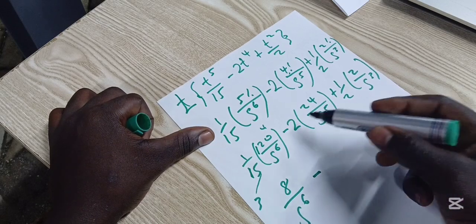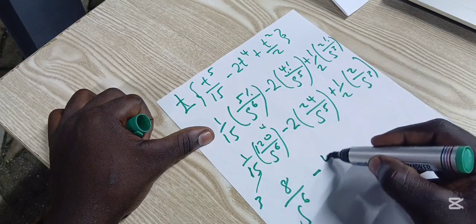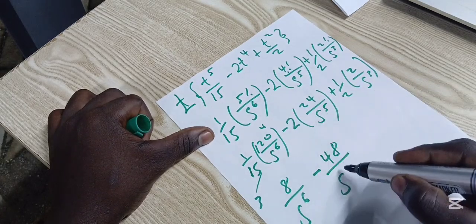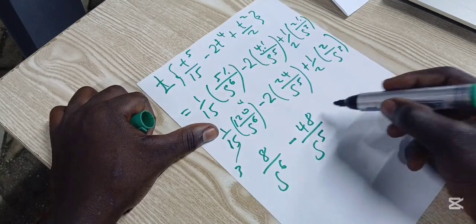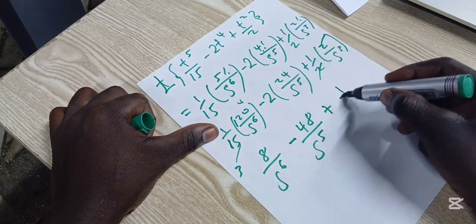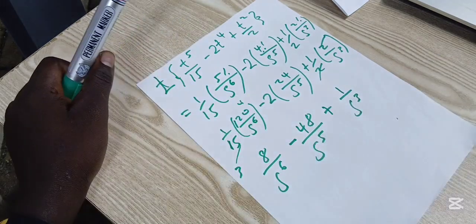Then minus 2 multiplied by 24, which is 2 by 2 giving us 4, 2 by 4 giving us 8 over s to the power 5. So plus, our 2 here, we just cancel 2, so 1 out of s to the power 3. So that's it for this problem.